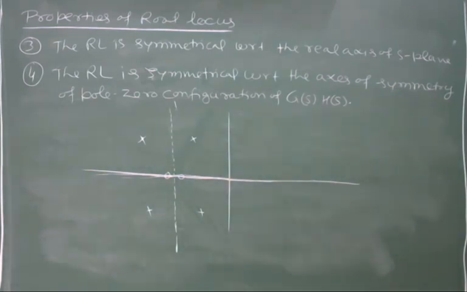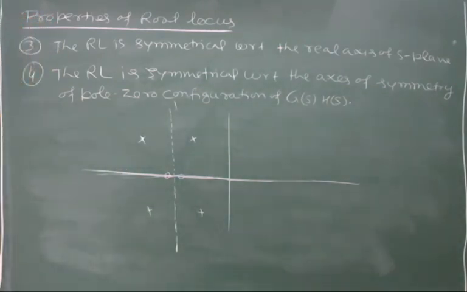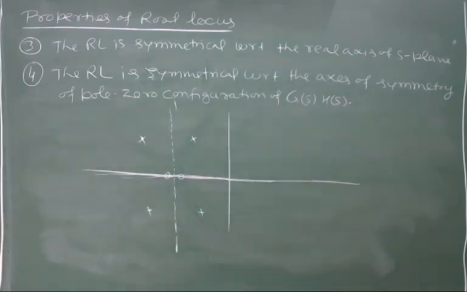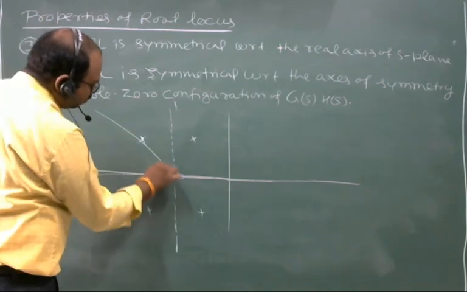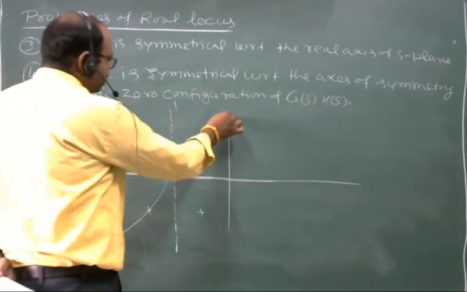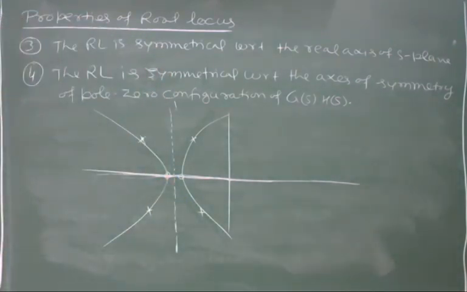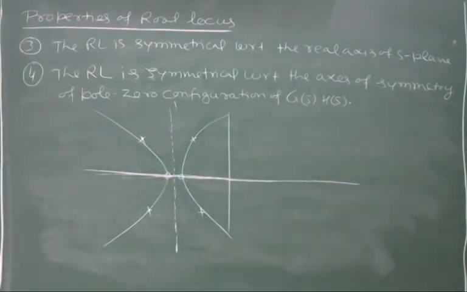If there are two axes of symmetry, then our root locus will be symmetric to both the axes. It means this will be like this and this. Now our root locus is symmetric about this axis and about this axis also, right? This is the meaning of the fourth point.